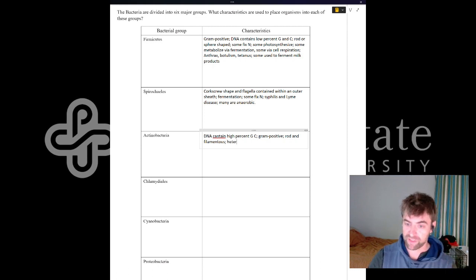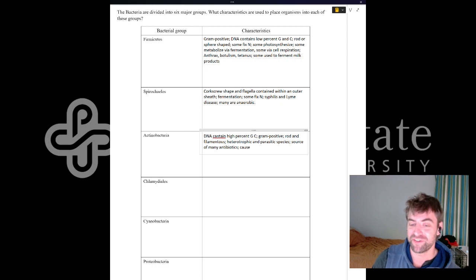These are heterotrophic, so they eat others, and parasitic species. These are also the source of many antibiotics. So the heterotrophic and parasitic nature of these makes them good candidates for killing other bacterial infections, because bacteria would presumably be one of their preferred food items.